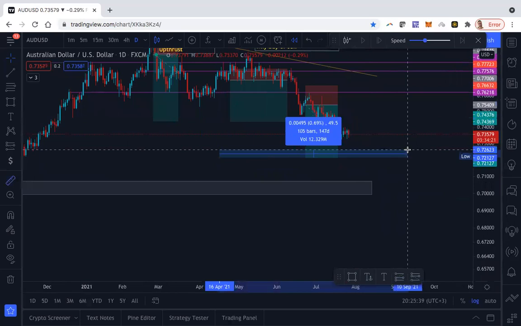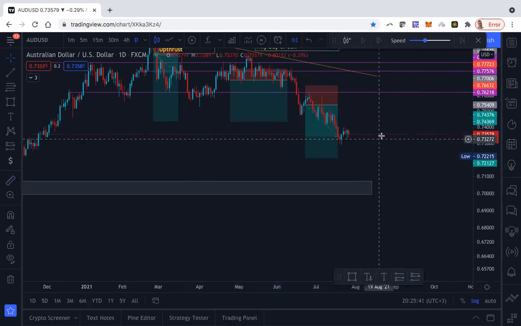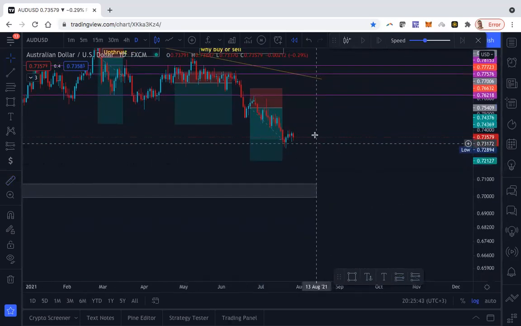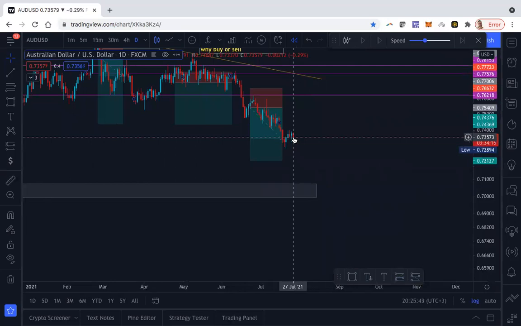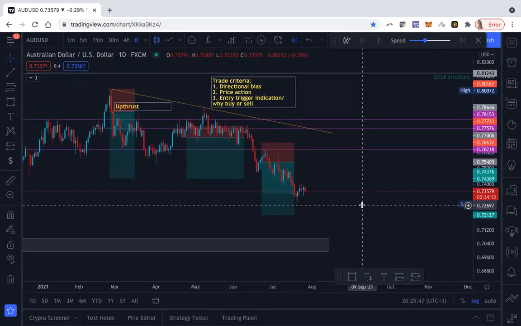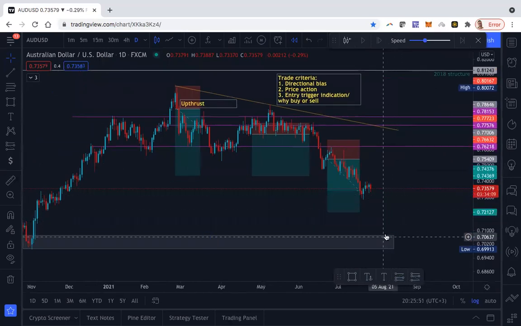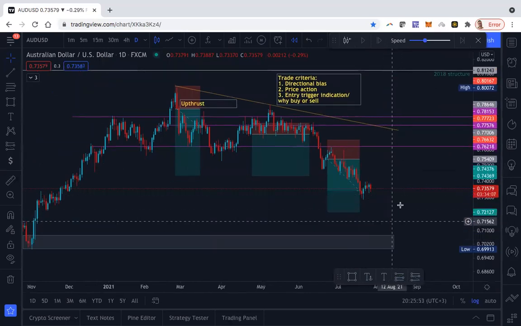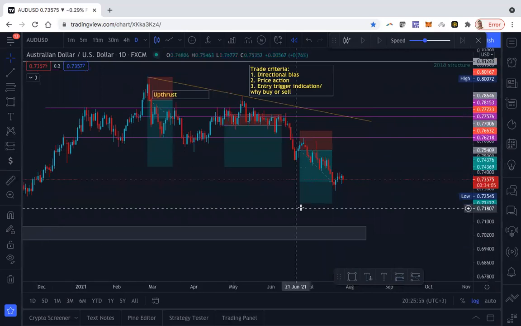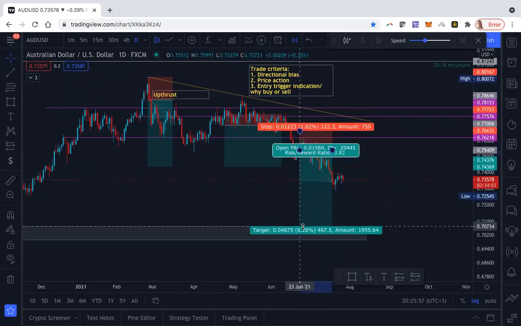Now, this is where we are at, guys. This is where we are at. And honestly, this is 27th of July, okay? When I look at this, I'm still gunning for this level. So I would take this all the way to this level.